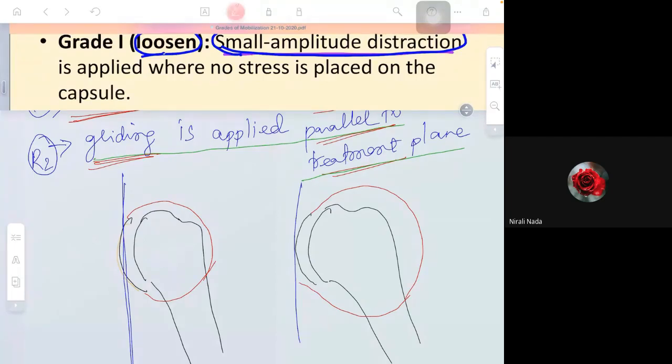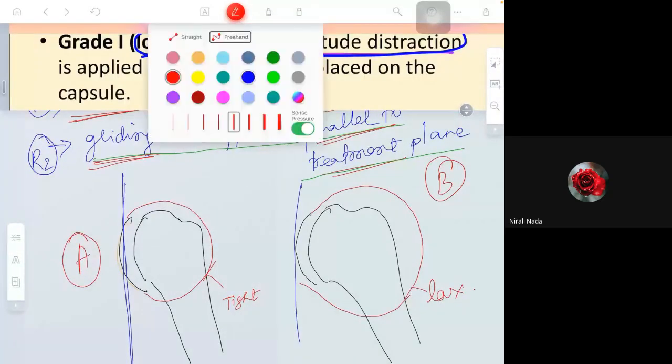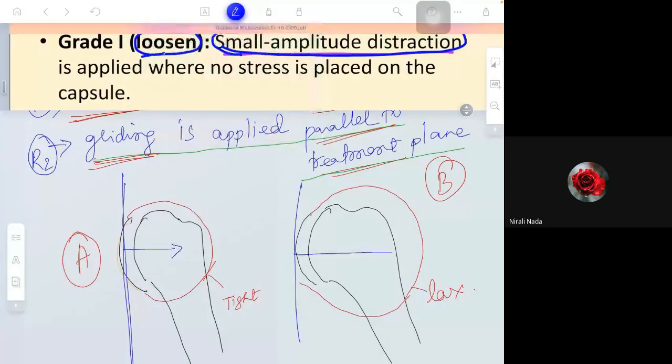In example A, the capsule is tight. In example B, the capsule is loose or lax. Clear? Now, when you give distraction, which will allow distraction more easily, A or B?